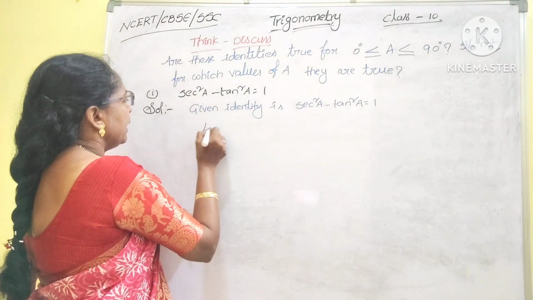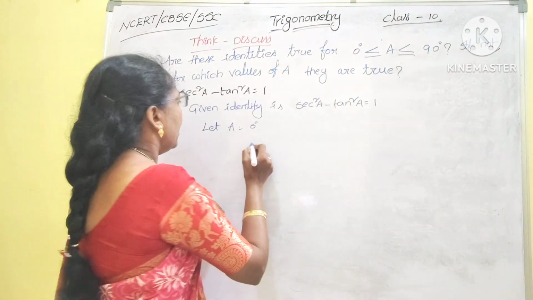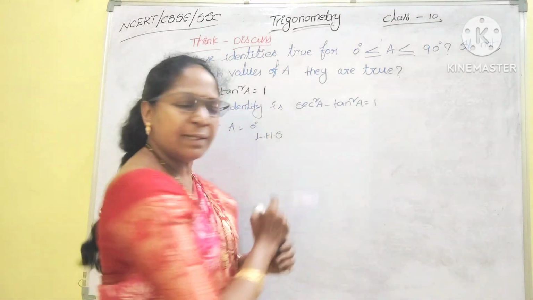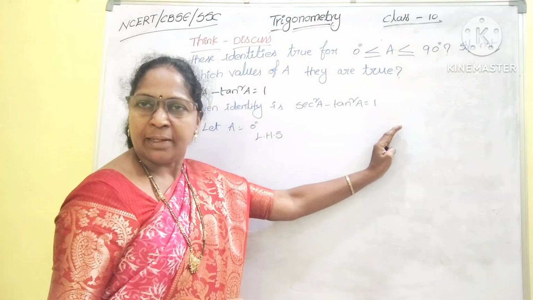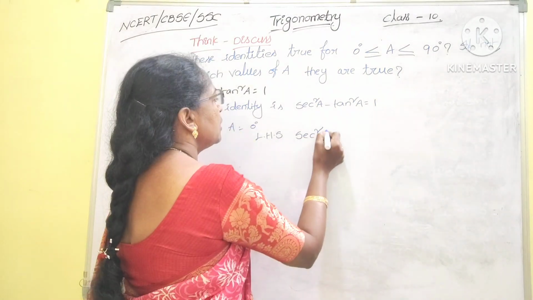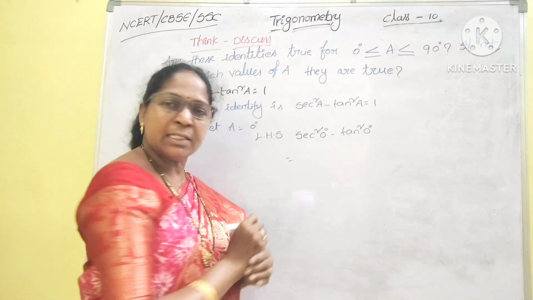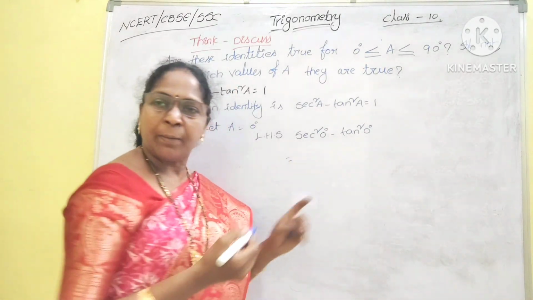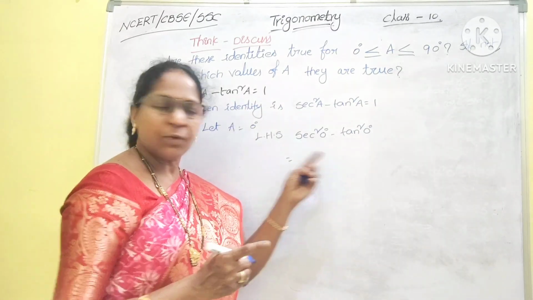Now here let A equal to, suppose, 0 degrees. Now this is LHS and this one is RHS. Consider LHS value and you have to prove that LHS equal to RHS. Now LHS, secant square 0 degrees minus tan square 0 degrees. Secant means the reciprocal of cos, that is 1 by cos square 0 degrees. Cos 0 equal to how much? 1. So secant square 0 is also 1.